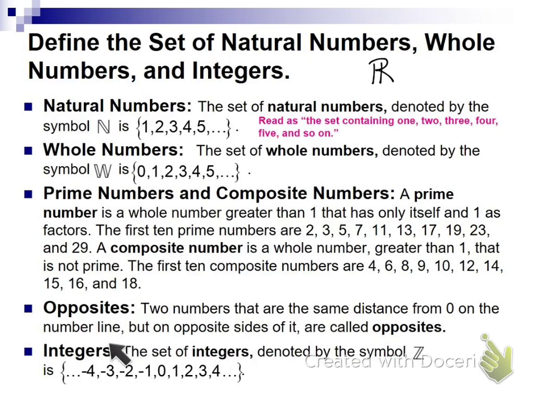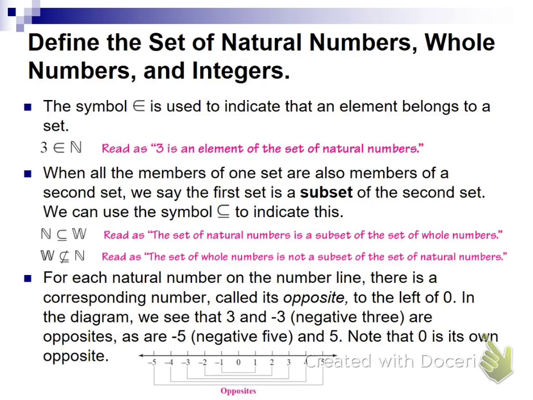And notice down here for integers, the symbol is a Z. Another symbol we have is this little curvy capital E. That's read as, if we look at this right here, 3 is an element of natural numbers.